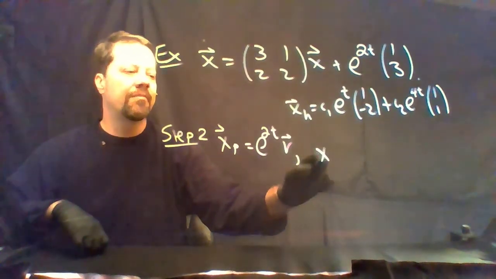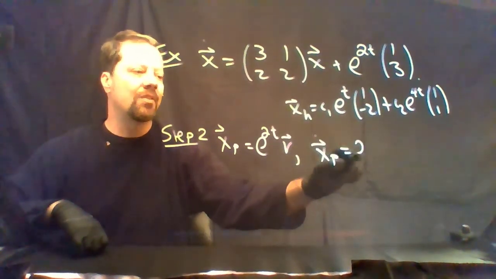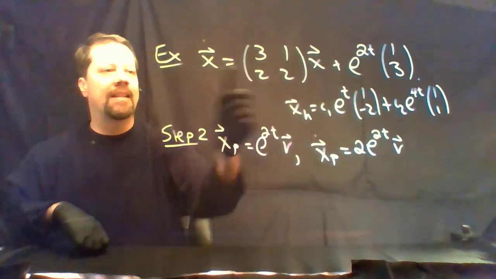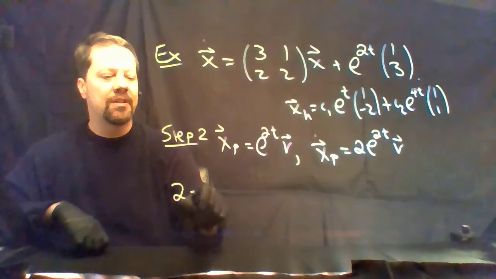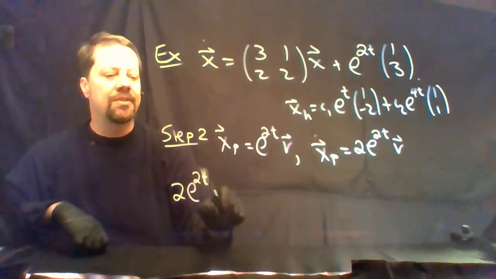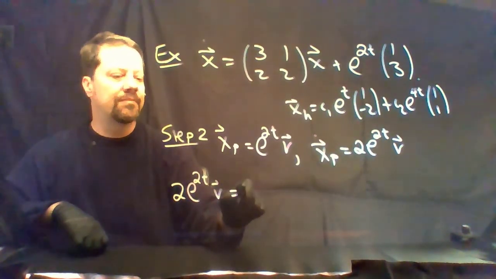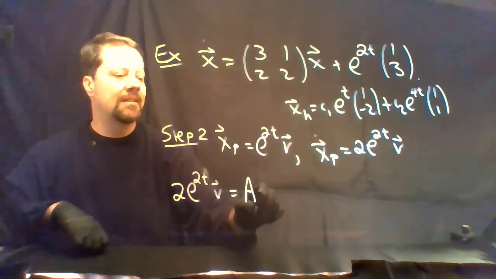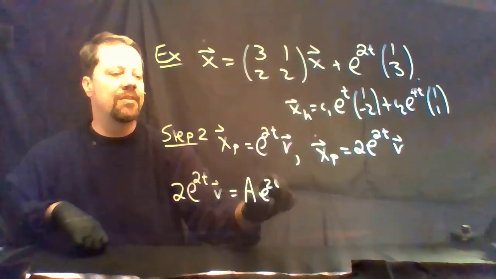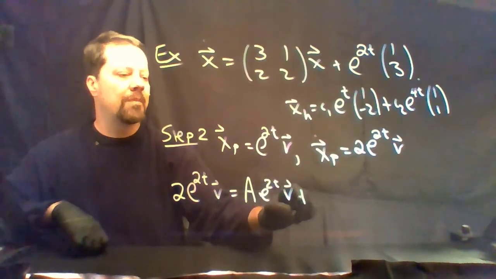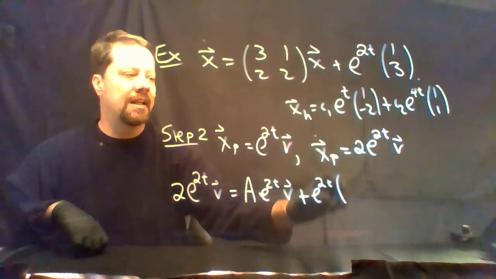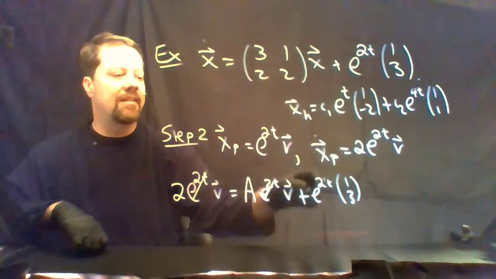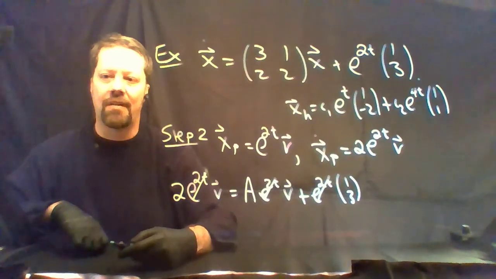Taking the derivative, x p dot is going to be 2 e to the 2t v, and plugging that into the differential equation, we get 2 e to the 2t v equals, I'll denote the coefficient matrix by A, and then e to the 2t v plus e to the 2t times 1, 3. You can see that the factor e to the 2t can be canceled off.